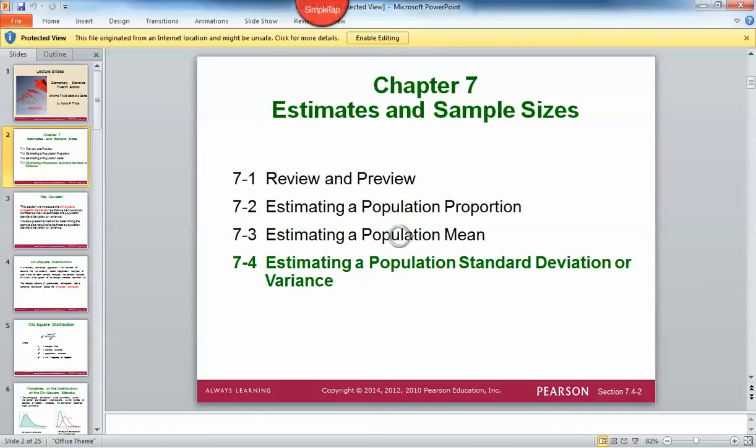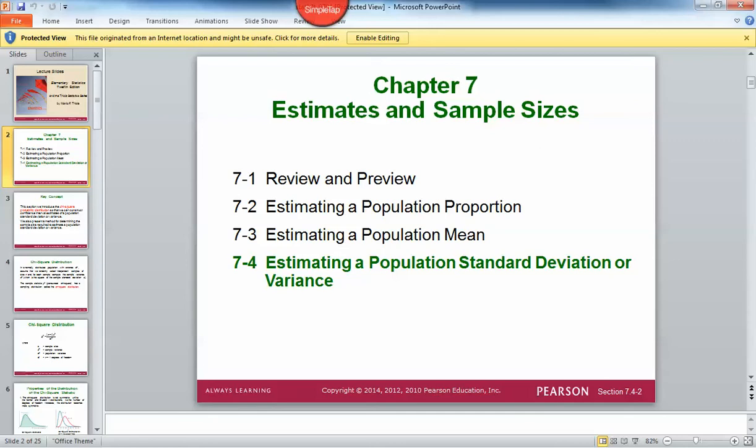Then we work with estimating population means. Depends on whether we know the population standard deviation or not, whether we use a z-distribution or a t-distribution. Now we want to look at estimating a population standard deviation or variance.